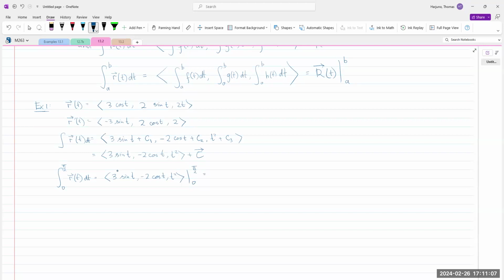This will be 3 times 1, minus 0, negative 2 times 0, and pi squared over 4 minus 0, which will give us 3, 2, pi squared over 4.